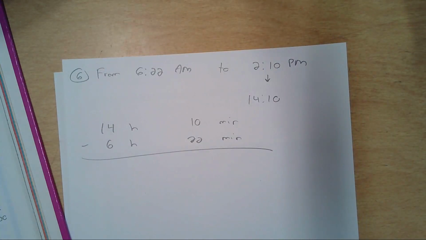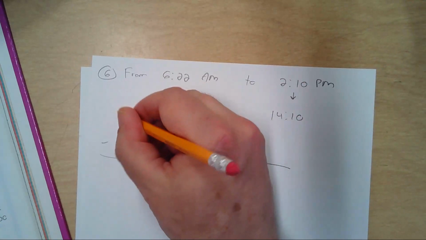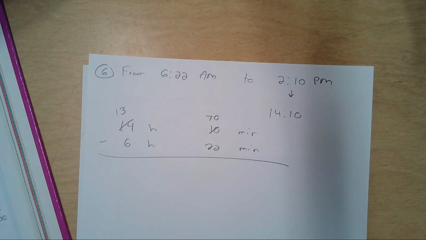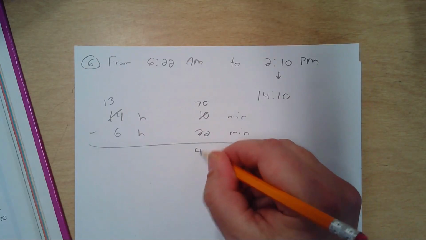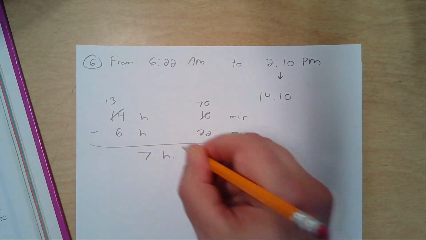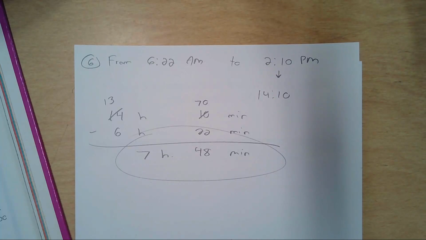And the first thing I'll need to do is break an hour out, put it back in, 60 minutes. That gives me 70 minutes over here. 70 minus 22 is 48. There's my minutes. 13 minus 6 is 7 hours. 7 hours, 48 minutes has elapsed here.